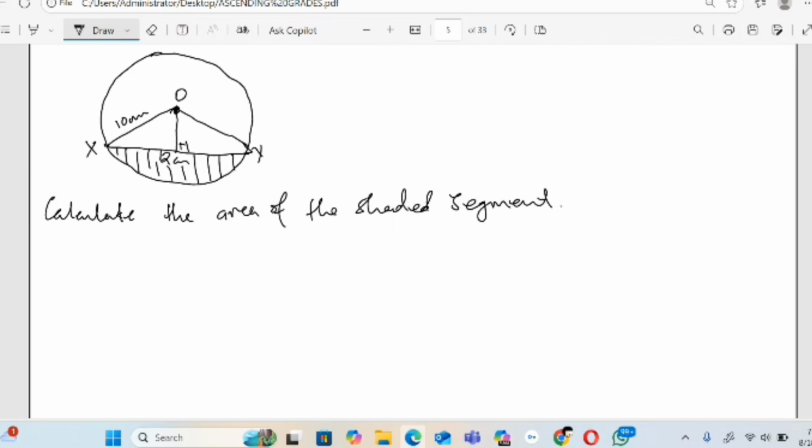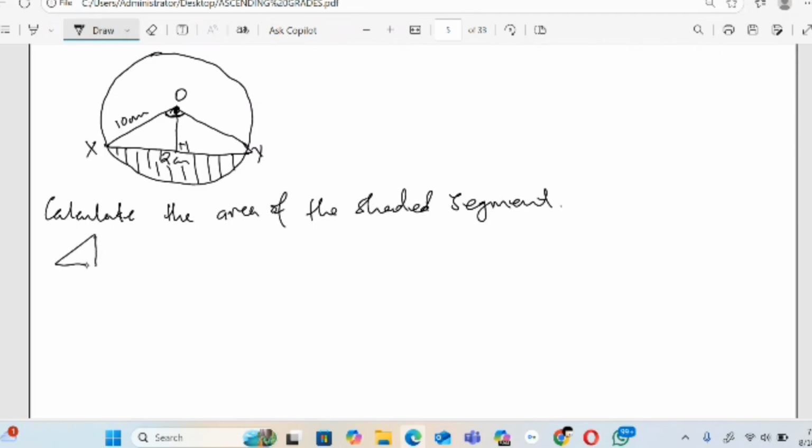To have the area of the sector, we must look for angle x or y. For us to get that angle, we take one of these two right angled triangles, this one.